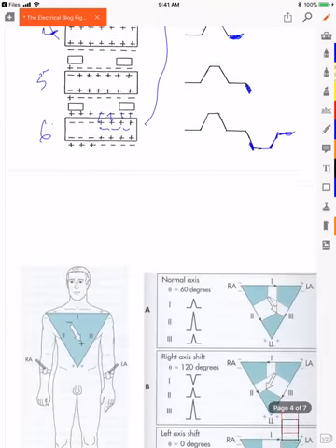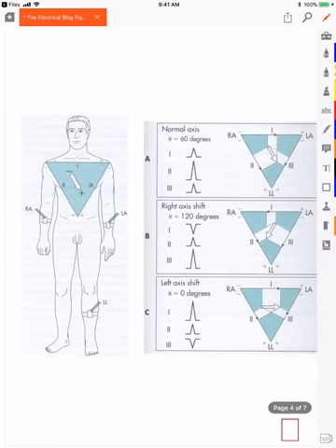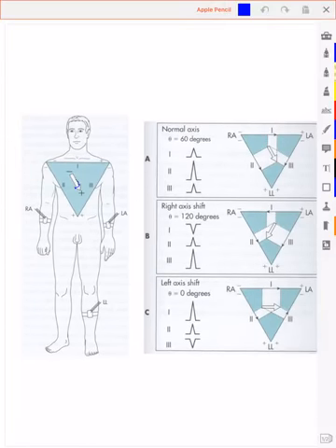Now we're going to take our blob, and we're going to put it in the middle of the chest of this nice man. Now our anode is up here, our cathode is up here, and my depolarization is propagating from the anode to the cathode.